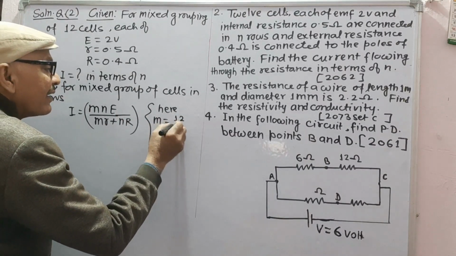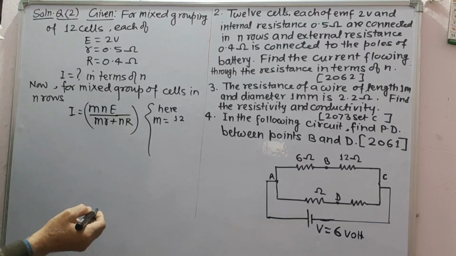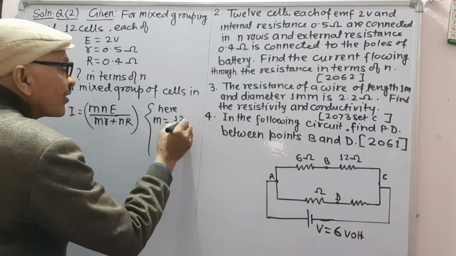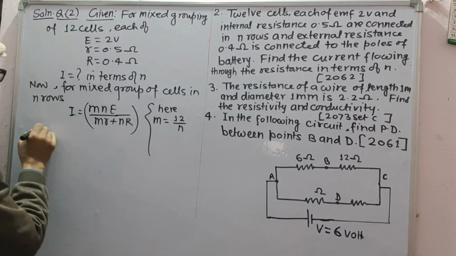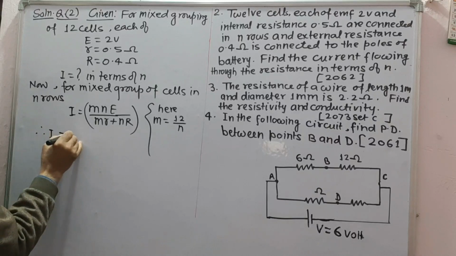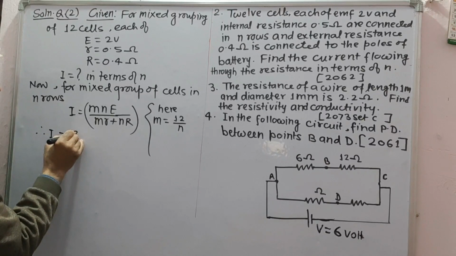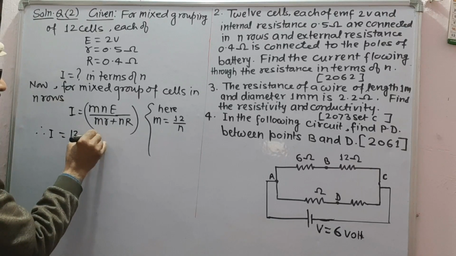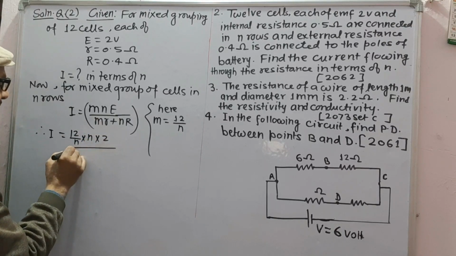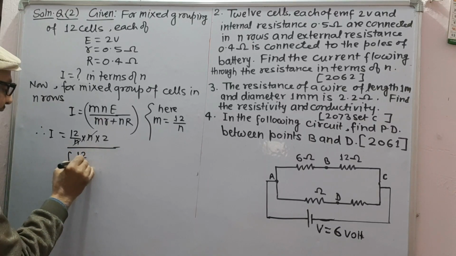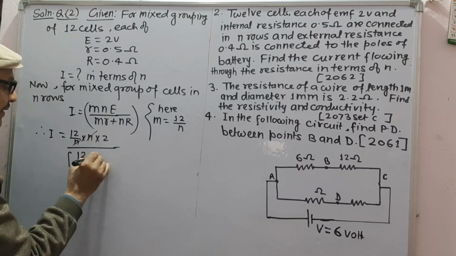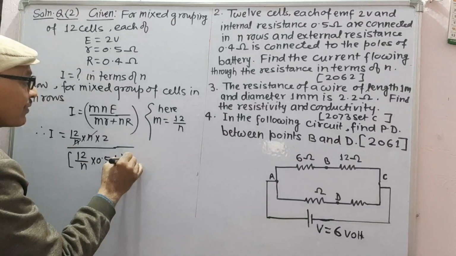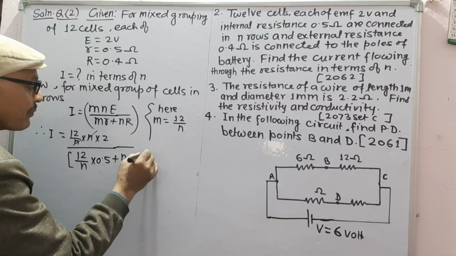Therefore, when 12 cells are divided into n rows, the number of cells in each row will be 12 upon n. Therefore, I becomes 12 into 12 upon n into 2, upon M is 12 by n, small r is 0.5 plus n into capital R is 0.4.